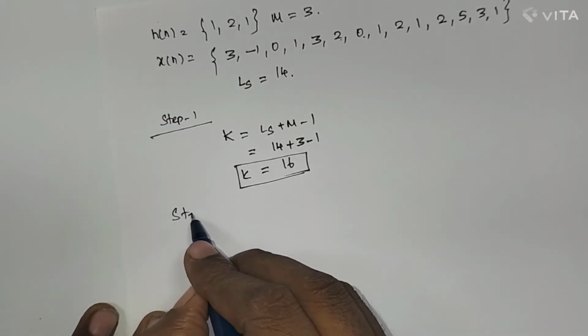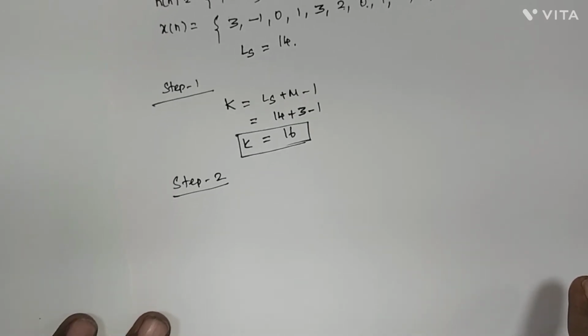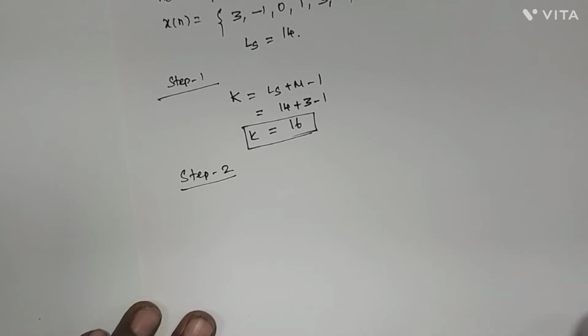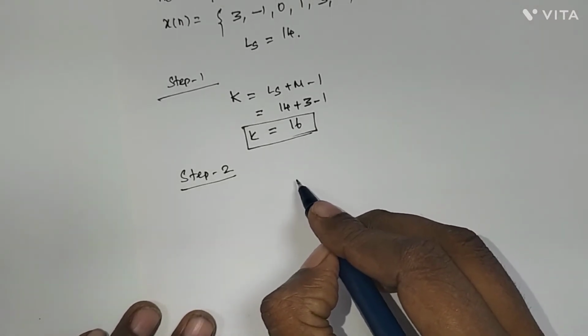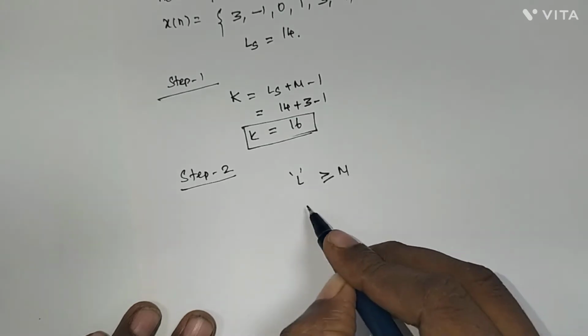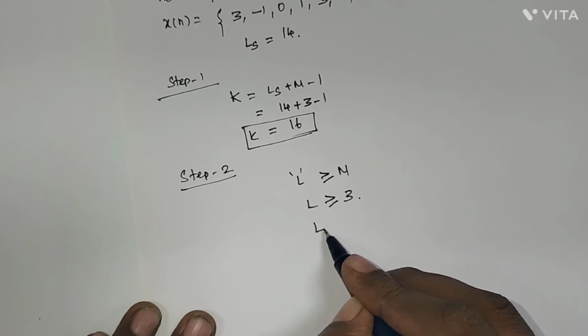Step 2: we have to divide the longer sequence into smaller subblocks. For this, you should choose the L value. L should be greater than or equal to m, that is, L should be greater than or equal to 3. So I am taking L as 3.